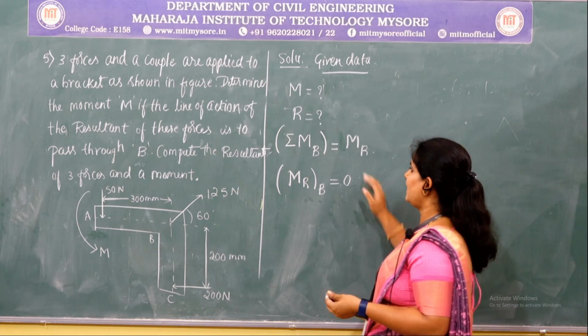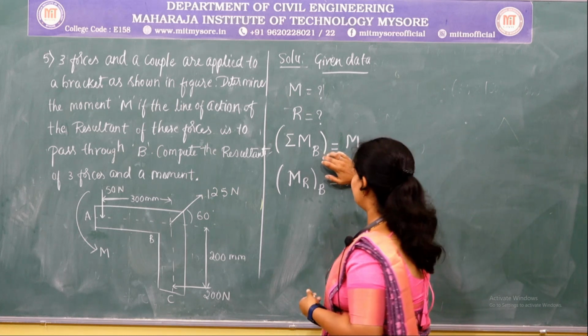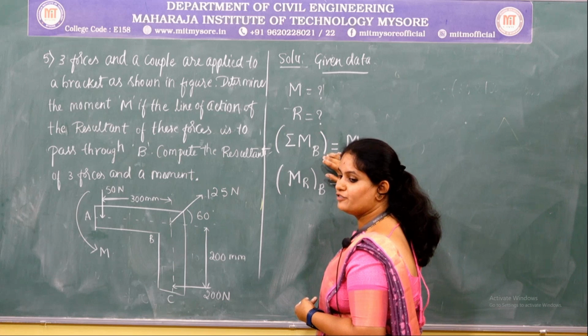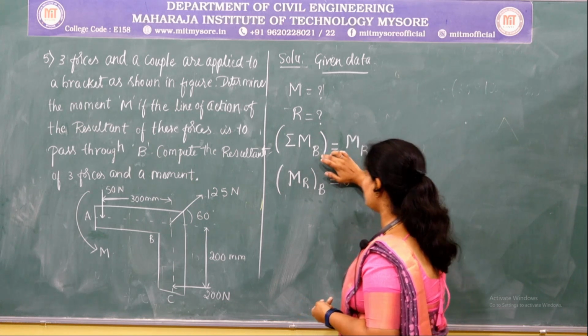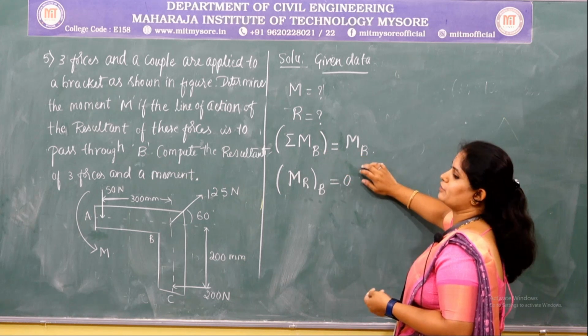So we got the first hint: sum of moments of all the forces about point B will be equal to moment of the resultant.